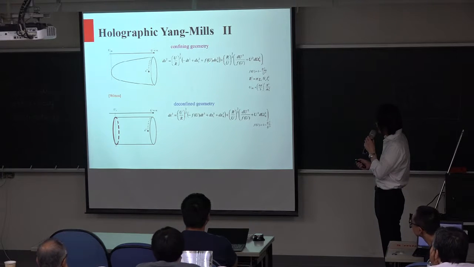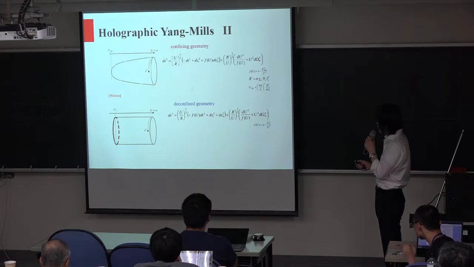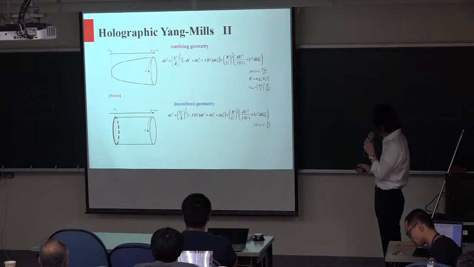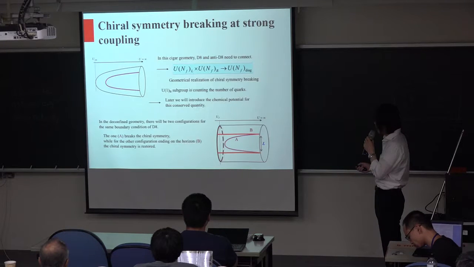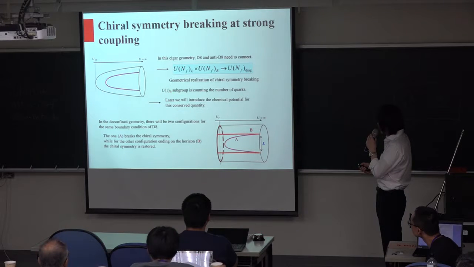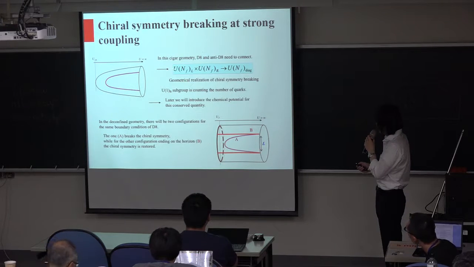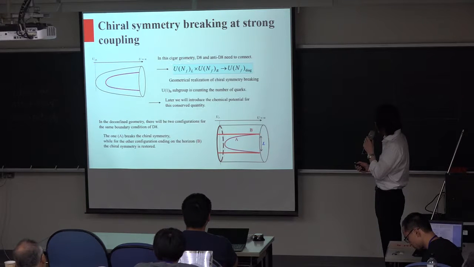We are considering actually two different geometries. One is called the confined geometry, and the other is called the deconfined geometry. So later we'll see that this geometry is more favored because it could restore the chiral symmetry. In general, in the confined geometry, the D8 and anti-D8 branes have to be connected.